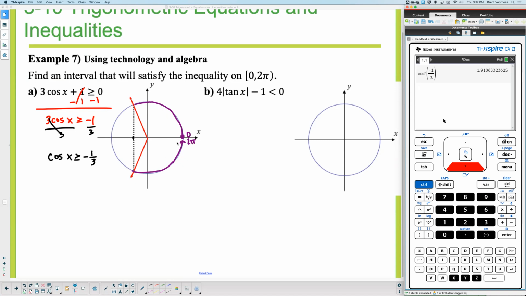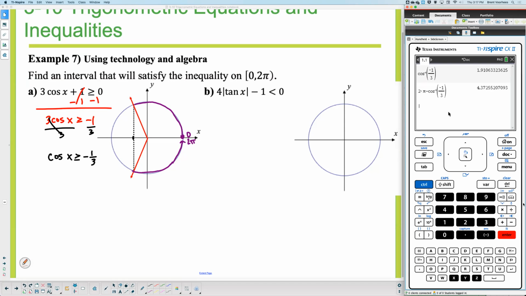Well, this is the same amount of distance, but it's going down from 2 pi. A lot of times we might just list it as -1.91, but this has an interval starting at 0. So I need to do 2 pi minus this 1.91 to see where that starts from. So I'll type that in. 4.37 is going to be our other answer. So let's go ahead and add those in.